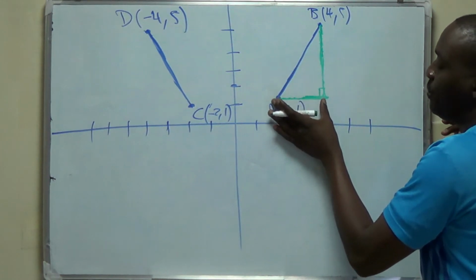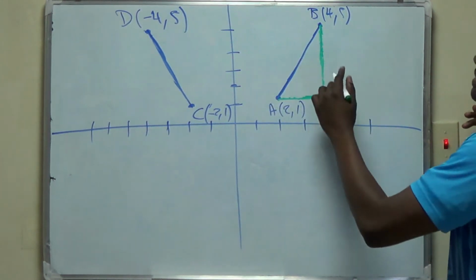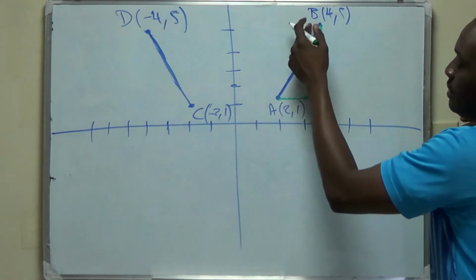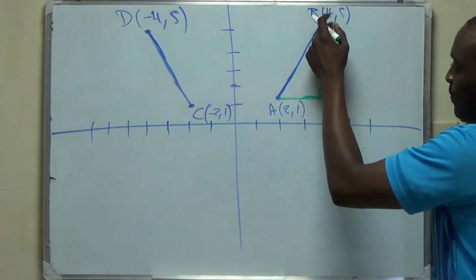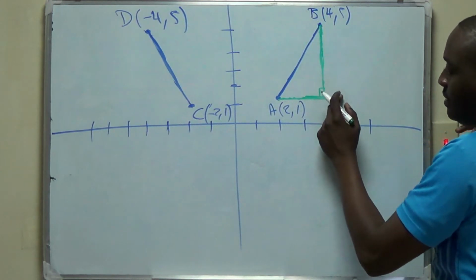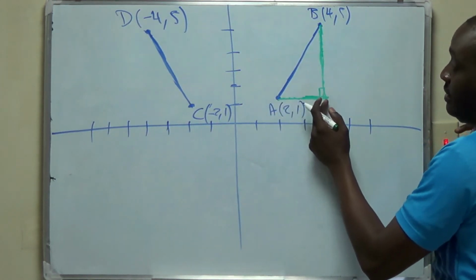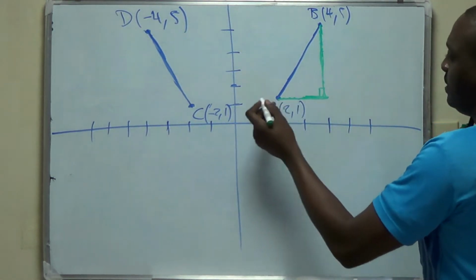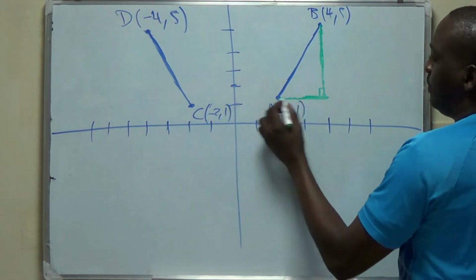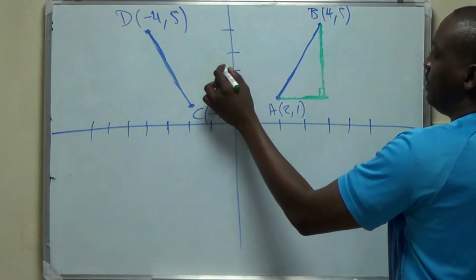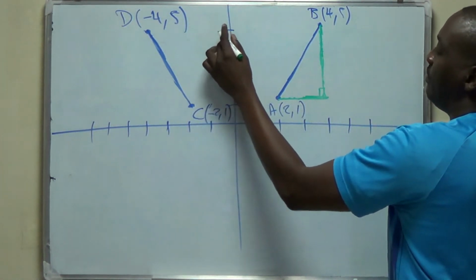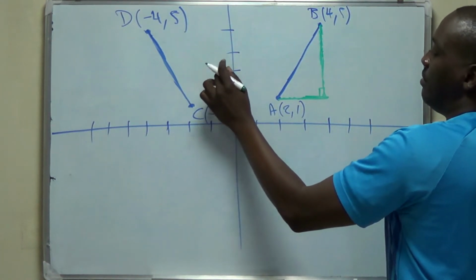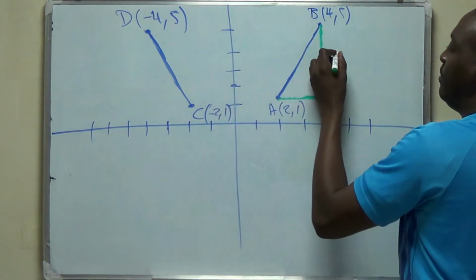Right? And to do that, all we do is, for any 2 points, we have the line segment, we divide the vertical distance by the horizontal distance. Good? So in this case, we have the vertical distance as what? 1, 2, 3, 4, 5. Well, we're starting from here to here is 1, and then from here to here is 2, from here to here is 3, and from here to here is 4.